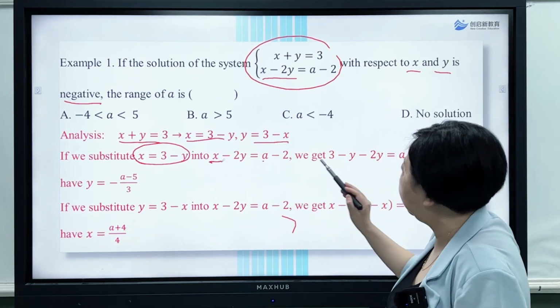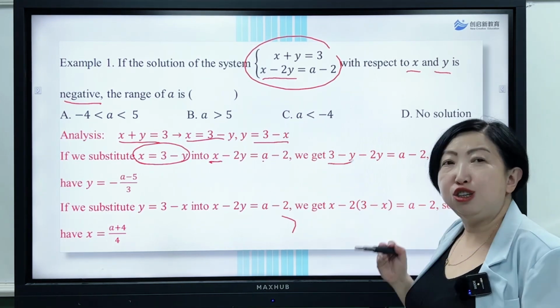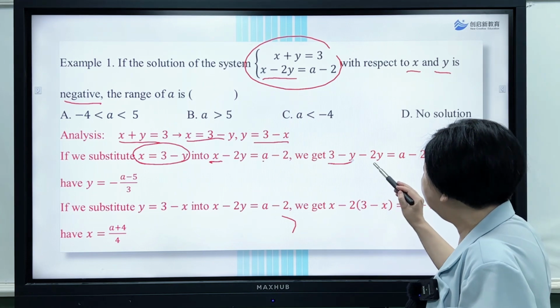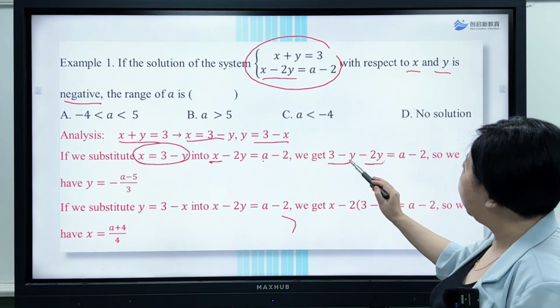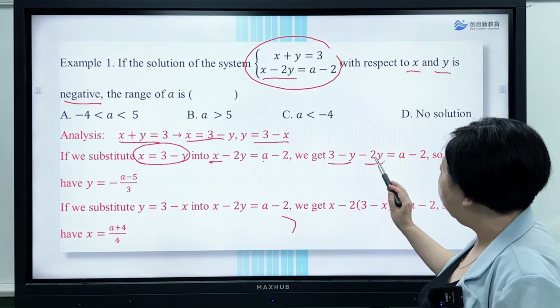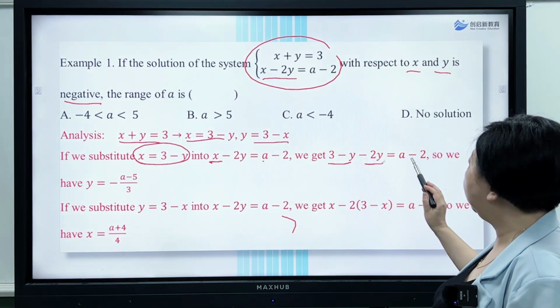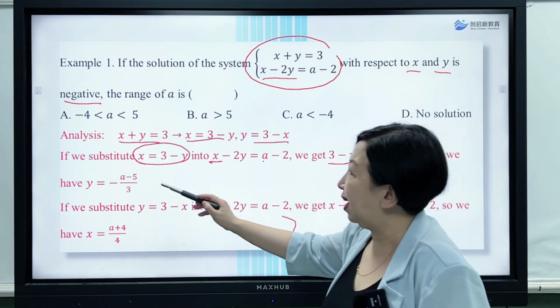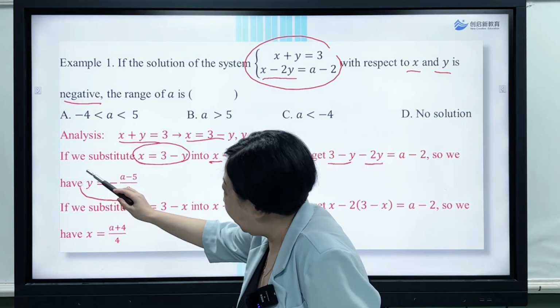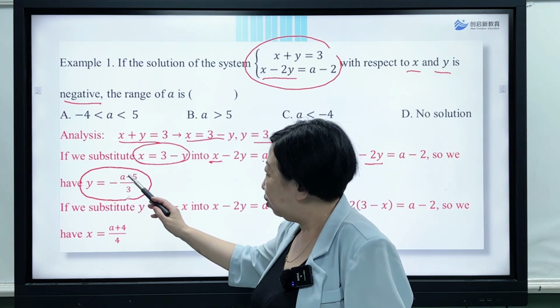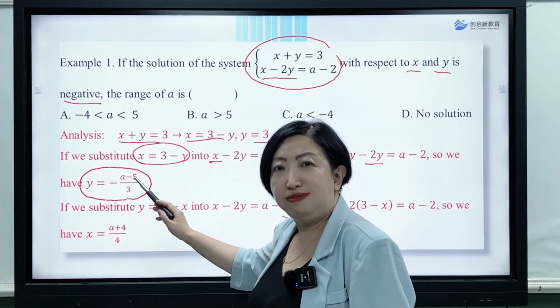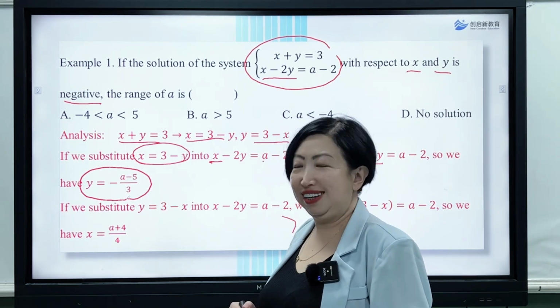We get 3 minus y, and minus 2y equals a minus 2. Of course, here 3 minus 3y equals a minus 2. And then we can get y equals, of course, negative (a minus 5) over 3.